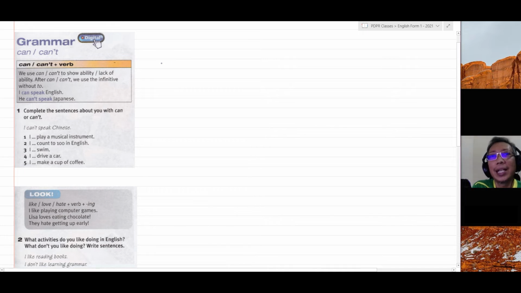Okay, first, let's understand what is inside the table. We use can to show ability, and we use can't to show lack of ability.